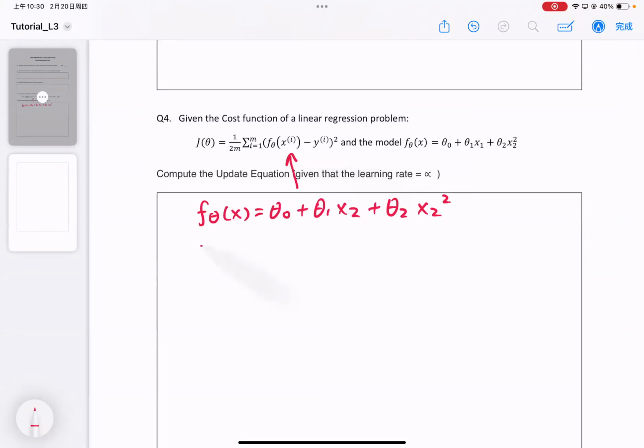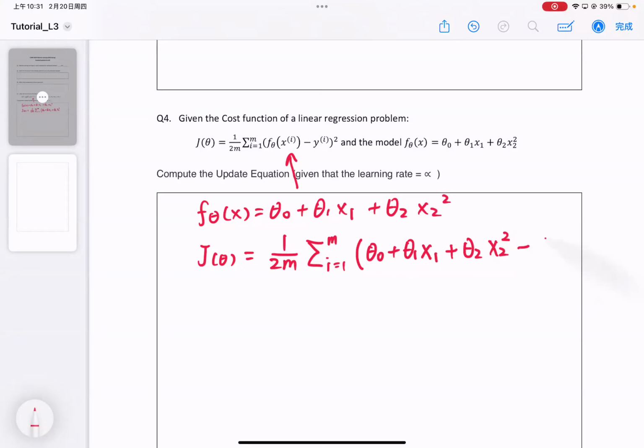Then it will be theta 0 plus theta 1 x1 plus theta 2 x2 squared, minus y, squared. Oh, sorry, I made a mistake here, this is theta 1. So this is the final version of the loss function.